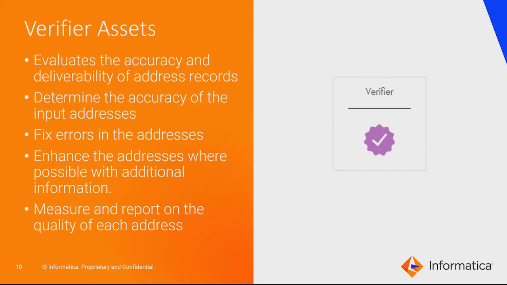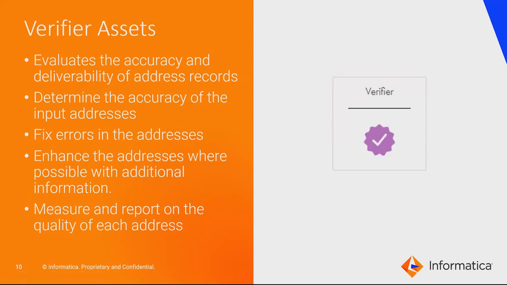Using verifier assets, right? The verifier asset is basically for evaluating the accuracy and deliverability of your address records. The way it happens is you will have those definitions define your verifier assets. You'll try to parse the data set addresses on the input addresses, and then this tool will give you the accuracy of the data sets.